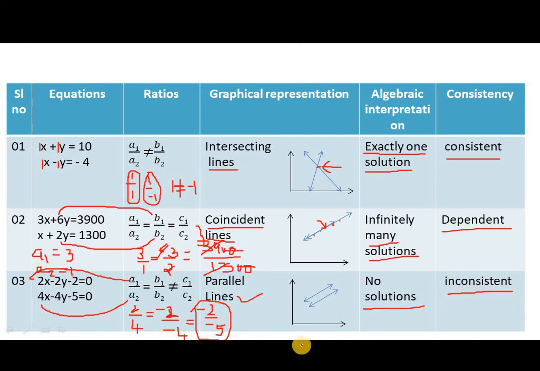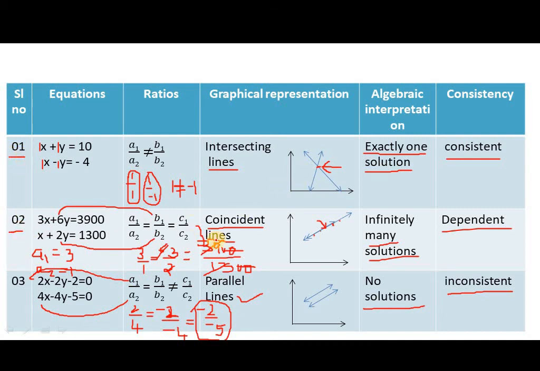This is how we can represent the consistency of lines corresponding to a pair of linear equations. By solving these two equations in a graph, we can see how these two lines will lie in the same plane. For the first type they are intersecting.